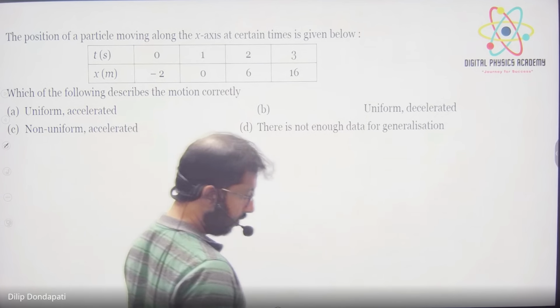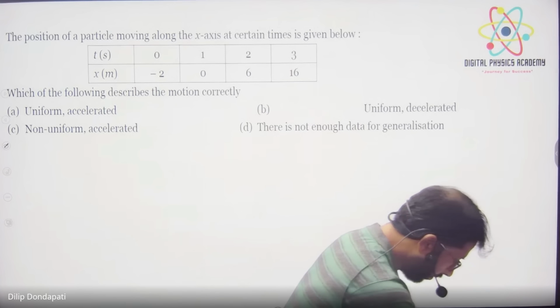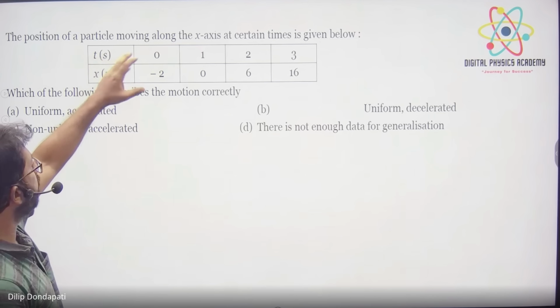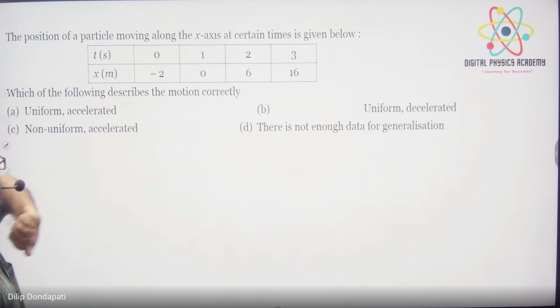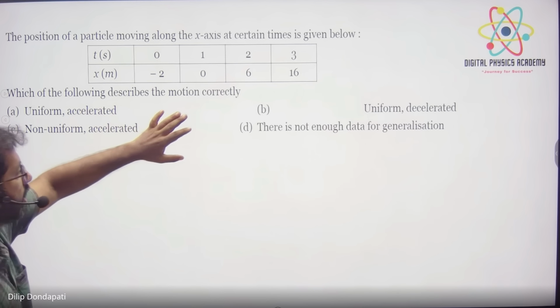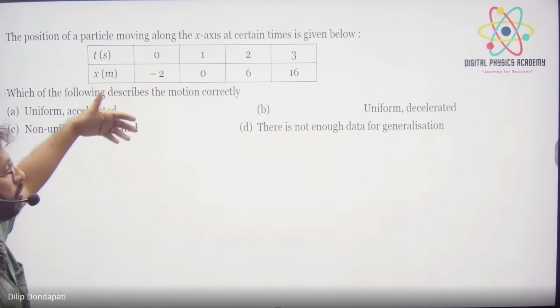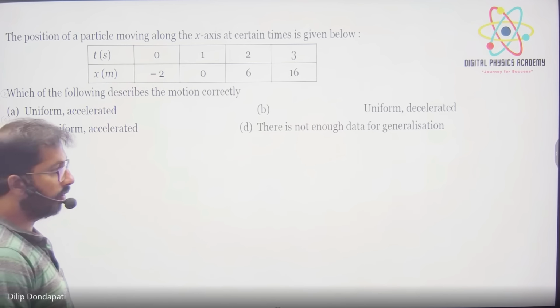Tell me which option is right. A position time graph is given to you. Position and time coordinates are given. Which of the following describes the motion correctly? By seeing the data, you should tell what type of motion the particle is doing.